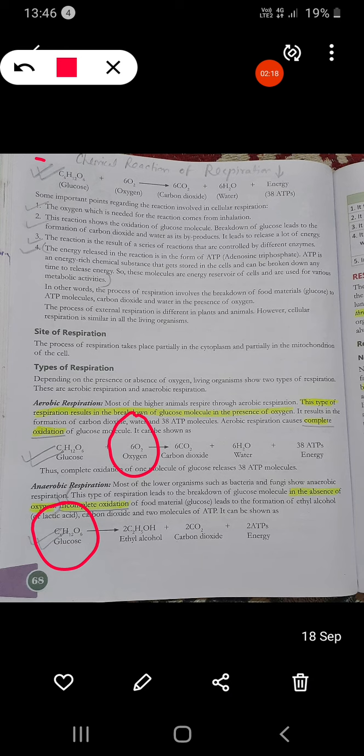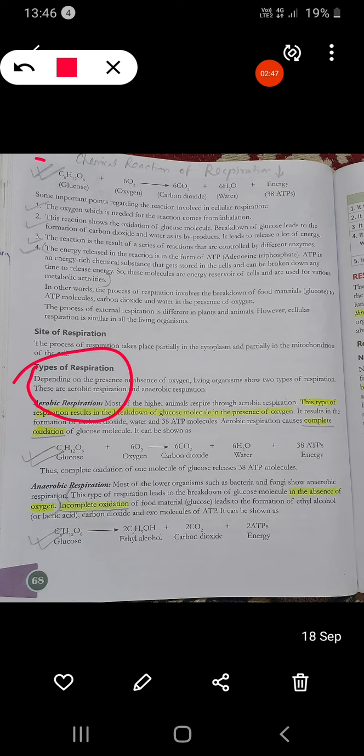Okay children, the products formed during the two reactions are different. In the first one, carbon dioxide, water and energy form, and in the second reaction, anaerobic respiration, ethyl alcohol, carbon dioxide and a very small amount of energy form.